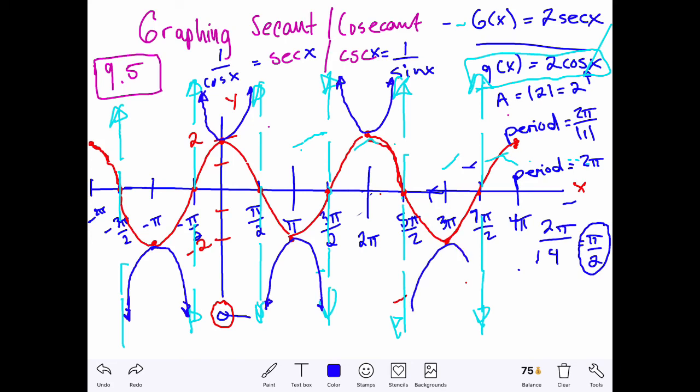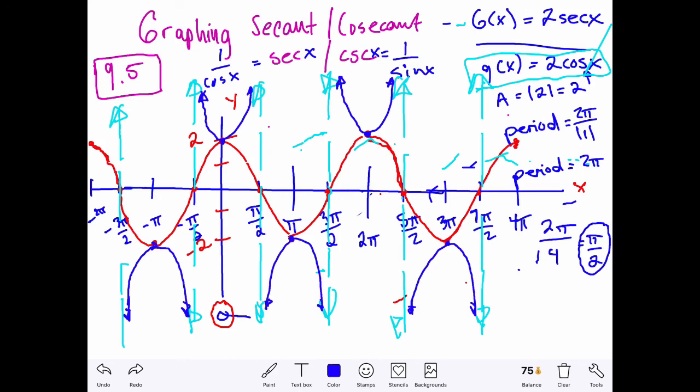It touches at those peaks and troughs, but doesn't cross. Then it goes off in directions away from there, approaching but never reaching the asymptotes it's bound by on either side. So this is what a secant graph looks like.